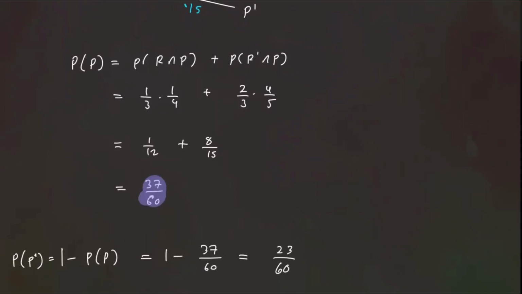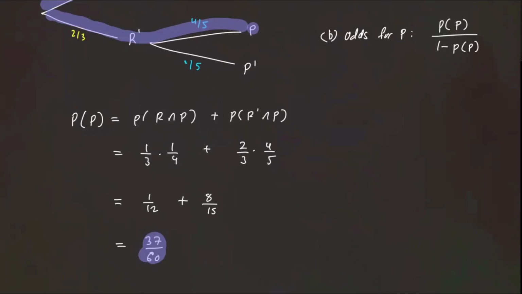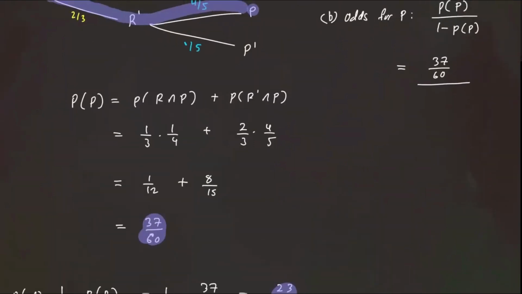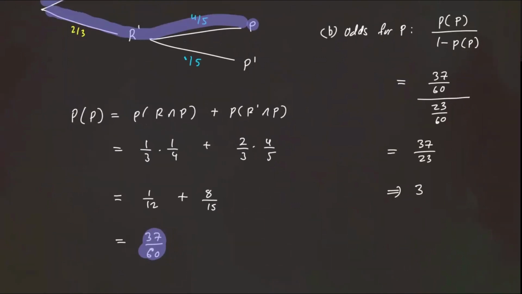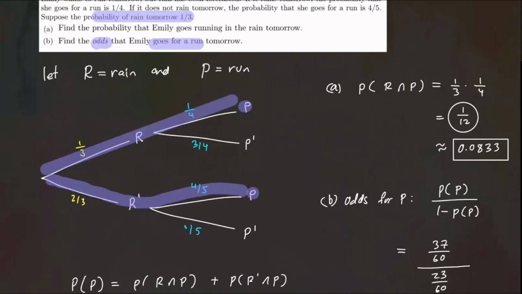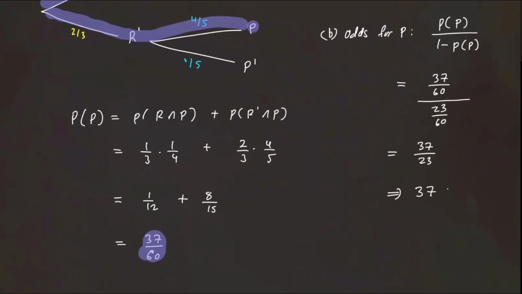The odds are a comparison of this with that. So if I put that in my formula, the odds for P will be 37/60 over 23/60. By simplifying, this will be 37/23, which means the odds that Emily goes for a run tomorrow will be 37/23. That's how you will express the odds.